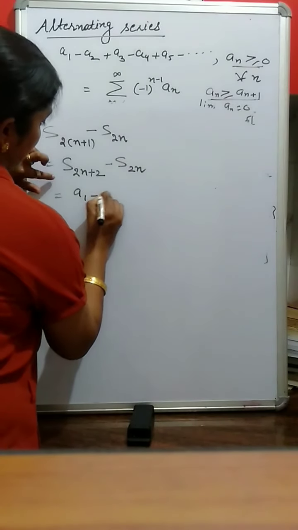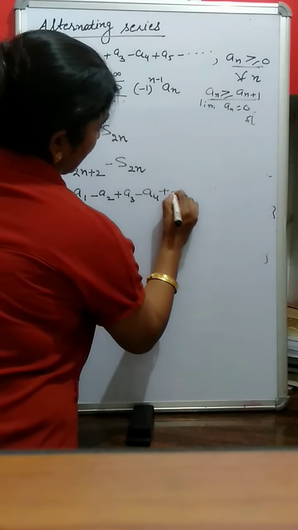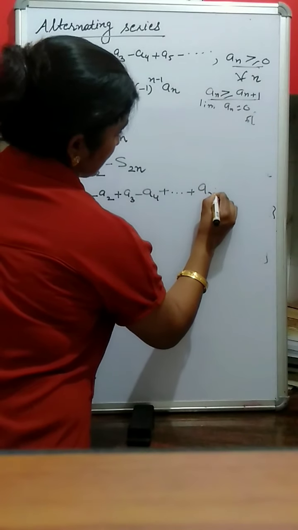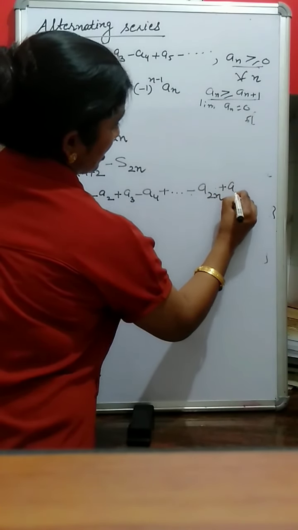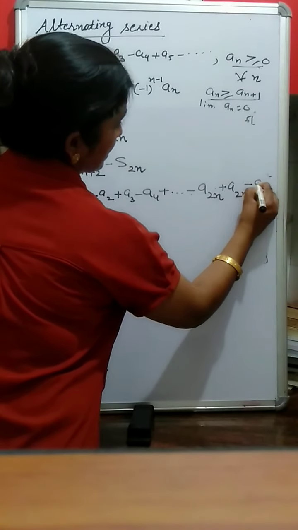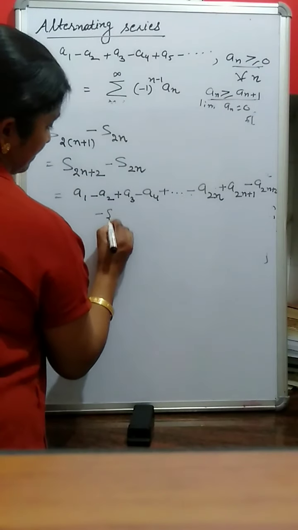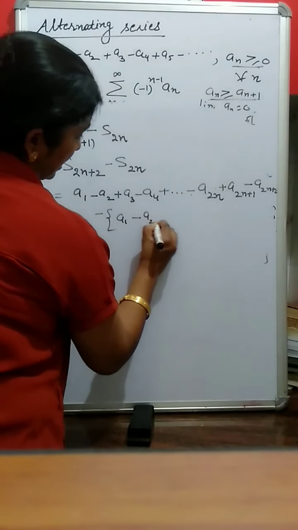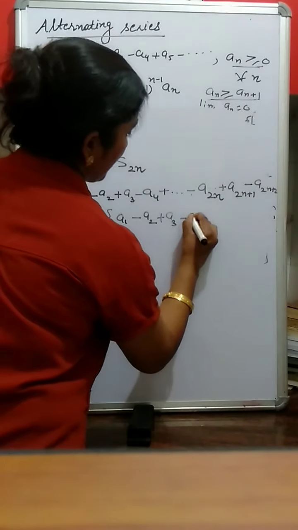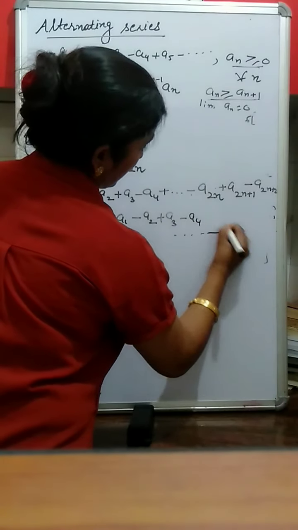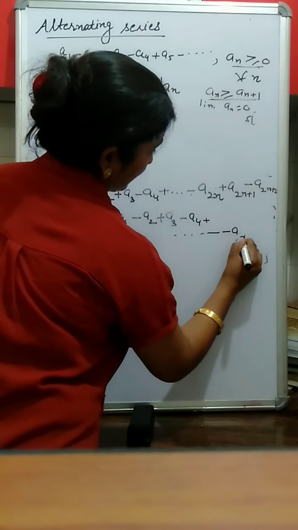It is A1 minus A2 plus A3 minus A4 and so on, somewhere it is A_{2n} with a minus sign, then plus A_{2n+1} minus A_{2n+2}, and minus S_{2n} means minus A1 minus A2 plus A3 minus A4 and so on, minus A_{2n}.